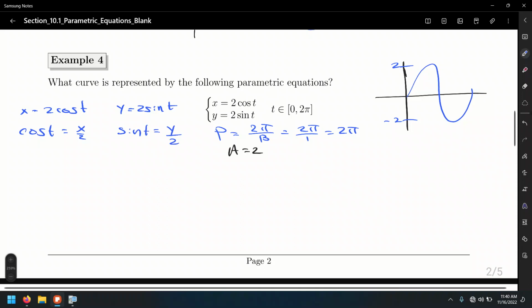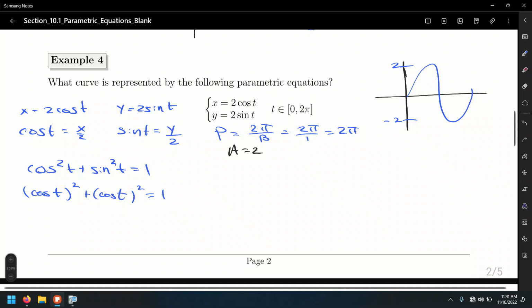Let's start with the Pythagorean identity, the one that tells us cosine squared t plus sine squared t equals 1. Let me do some mini rearrangement here. Put it in parentheses. I know it's kind of silly to do this, but I think it's going to make the substitution that we're going to do more clear.